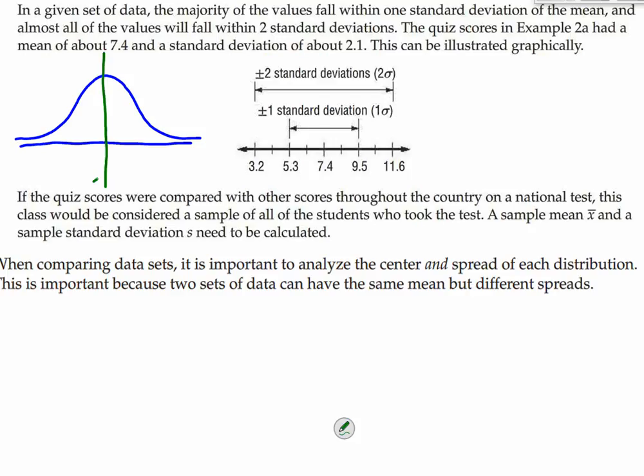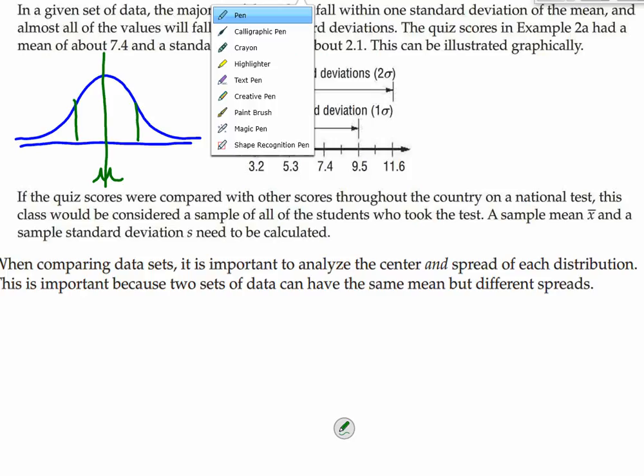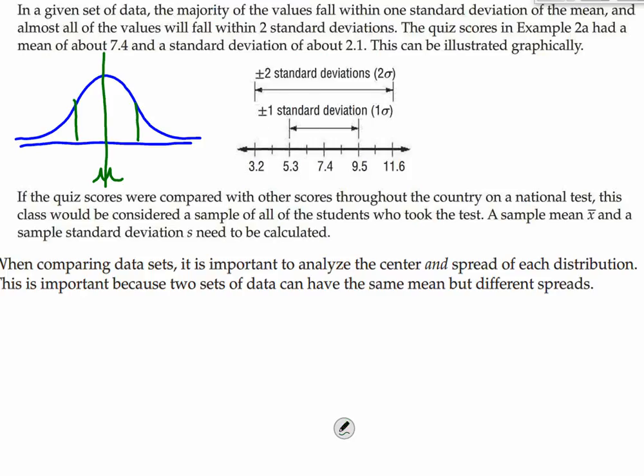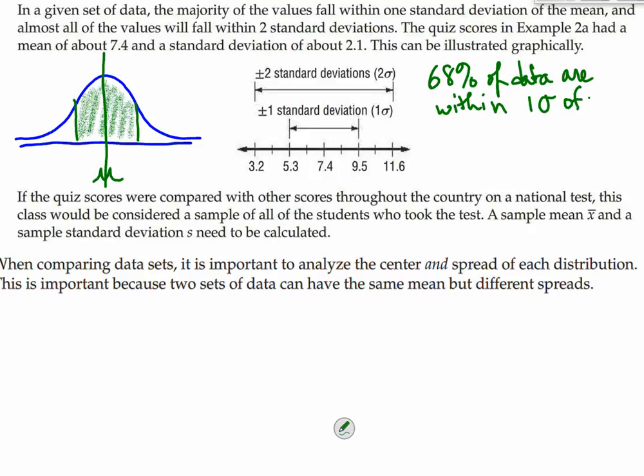The mean is right at the middle there, mu. This is just talking about actual values. Within one standard deviation of the mean, and I'll use a little shading here because I like this visual picture better, is 68% of the data. 68% of the data values, if it's a standard normal distribution, are within one standard deviation of the mean.